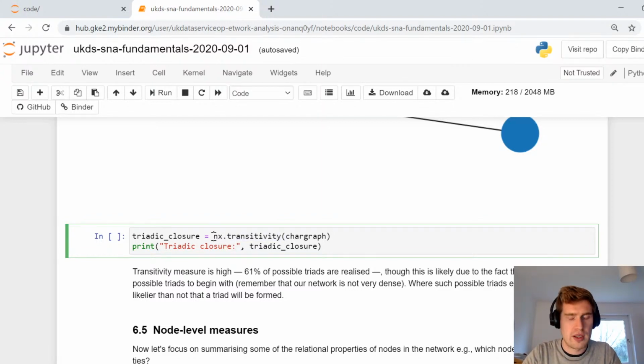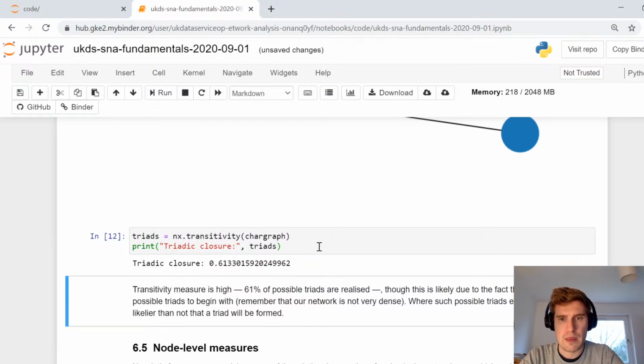Hopefully you're seeing this is why I think networks is quite good. It's quite a logical and English language based package of programming code. I'm just calling this variable triadic closure, to use the technical term. I could just call it triads, for example. I'm creating this variable name, whatever I want. Again, I ask Python to execute that code, and I get a measure of about 61%.